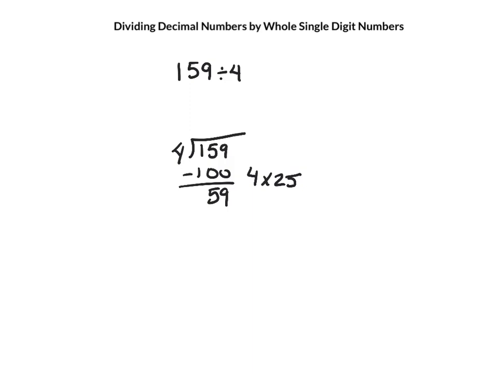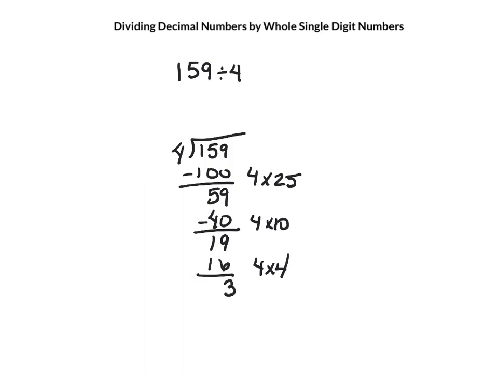Now I'm going to think about the next simplest number that I can multiply by 4 in order to get rid of more of that big number. And I'm going to use 4 groups of 10 for this. And that gives me 40, so I subtract 40 and I'm left with 19. And if I multiply 4 times 4, that gives me 16, and I'm left with 3.